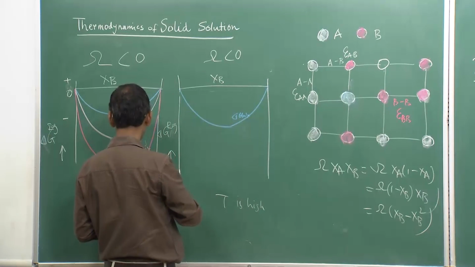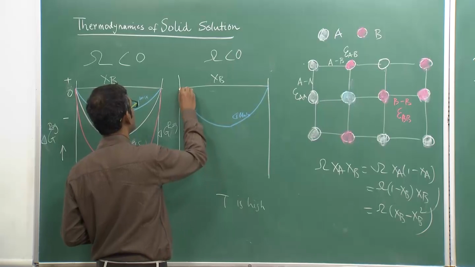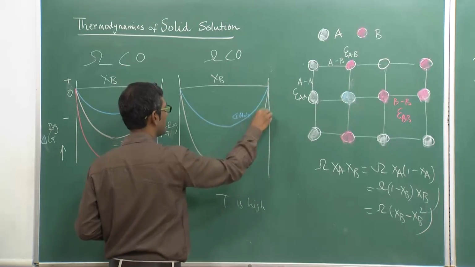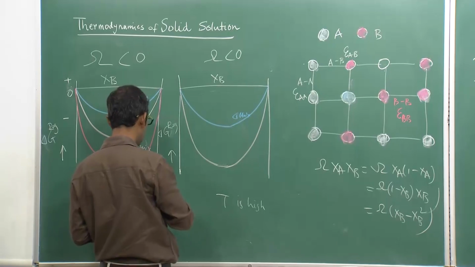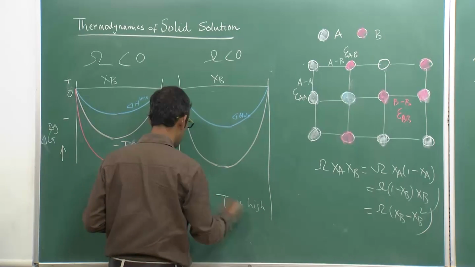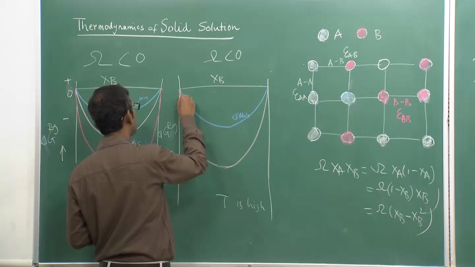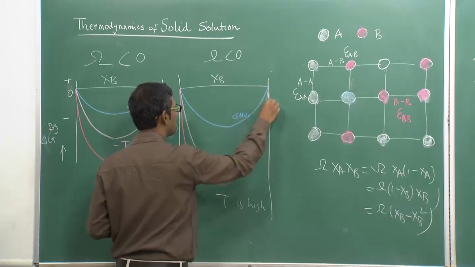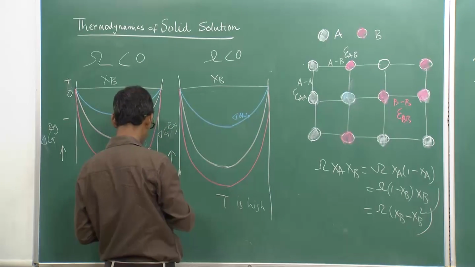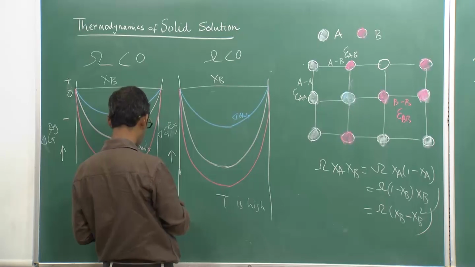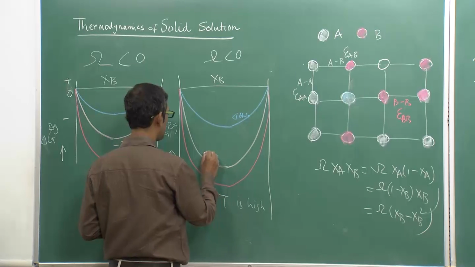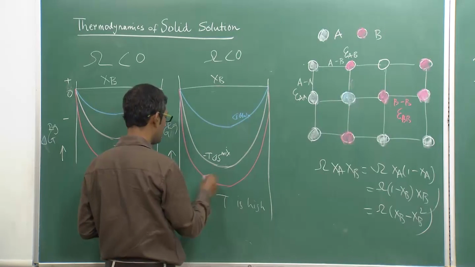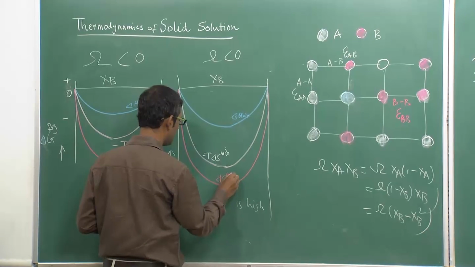Now entropy will also increase further because the temperature term is there, and similarly your delta G term will increase. So this is T delta S mix and this is delta G mix.